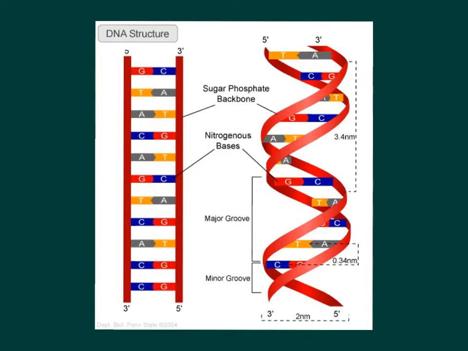So every DNA double helix has 2 sugar phosphate backbones on the sides. The sides of the ladder are sugar phosphate. The rungs of the ladder are nitrogen bases, held together by hydrogen bonds in between them. So adenine and thymine hydrogen bond to each other, and guanine and cytosine hydrogen bond to each other.